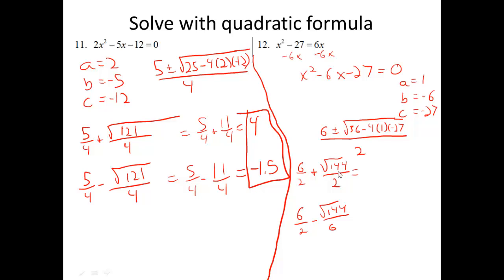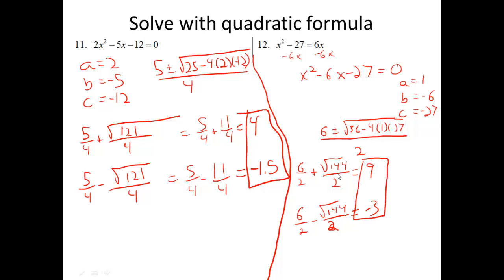Now the square root of 144 is 12, so we have 6 over 2, which is 3, plus 12 over 2, which is 6. That's going to be 9. And then we have 6 over 2, which again is 3, minus 12 over 2, which is 6. So 3 minus 6 is negative 3.